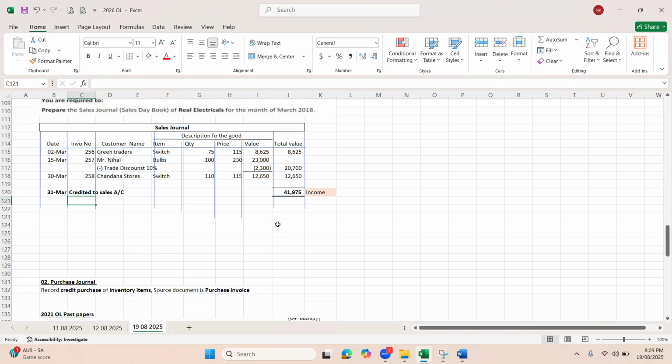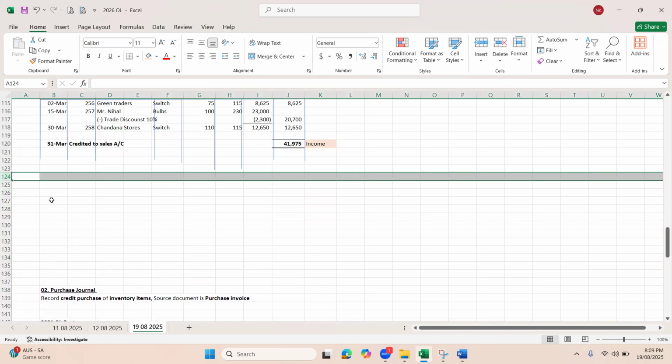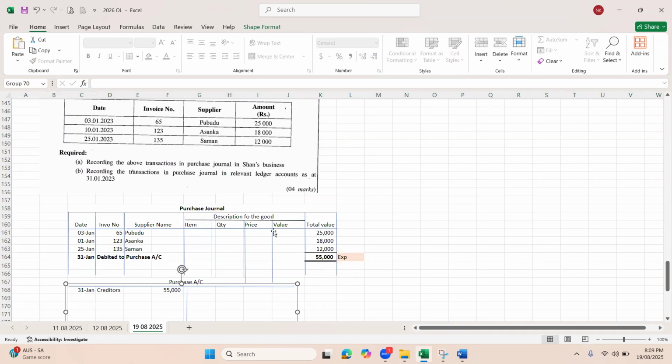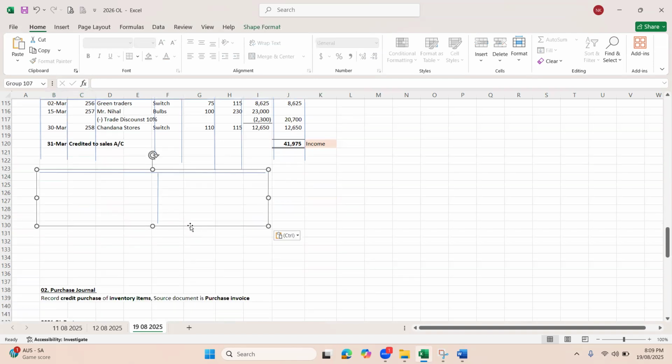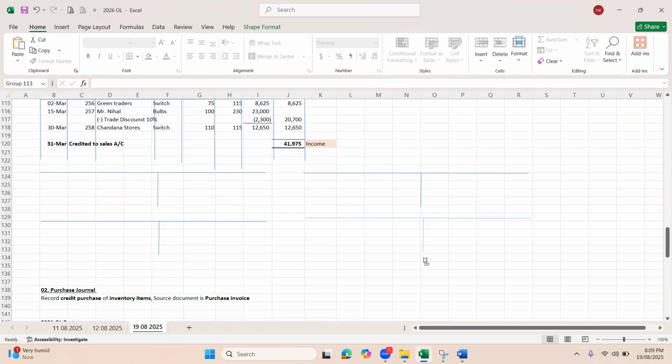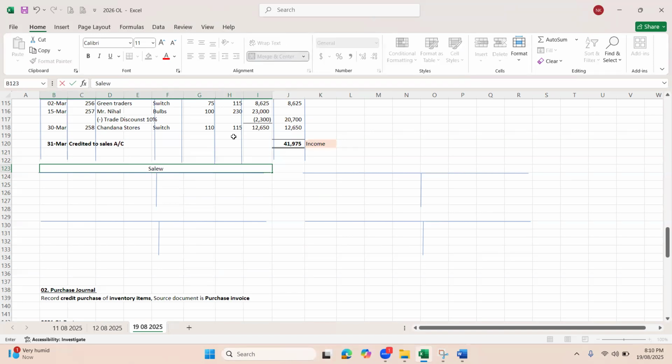We do credit. Then we'll open one sales account and three accounts for the individual debtors. One for the sales, sales account.